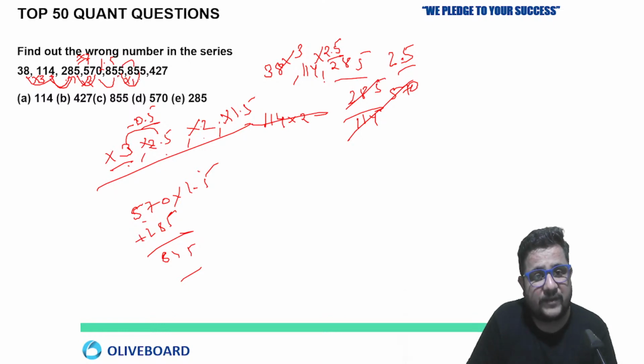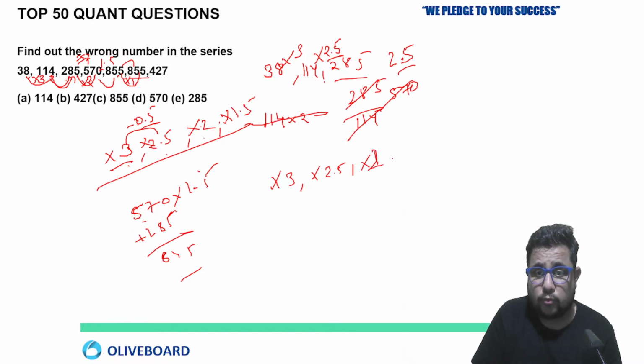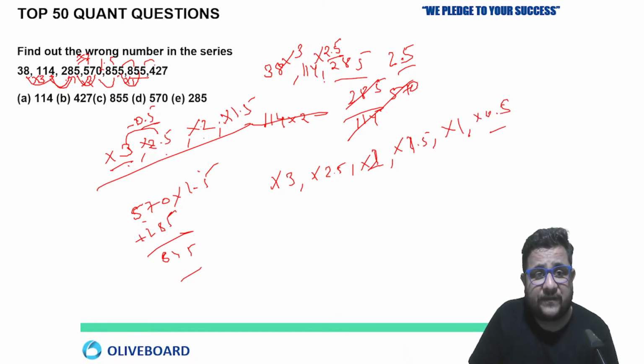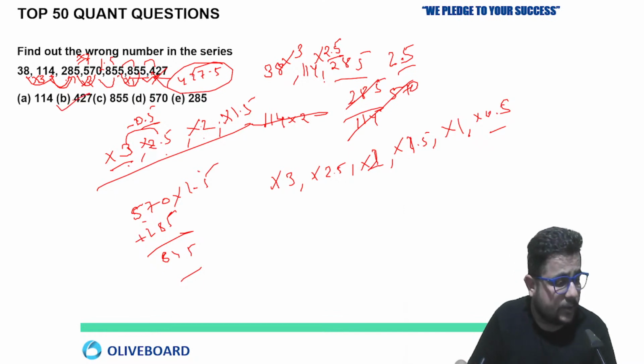So 855 multiply 1. So actually the pattern is multiply 3, then 2.5, then 2, then 1.5, then 1. The multiplication value is getting decreased, as I said, by 0.5. So 855 multiply 0.5 means half of 855 is going to be 427.5, but it is 427, which is wrong. Option B is going to be the answer then.